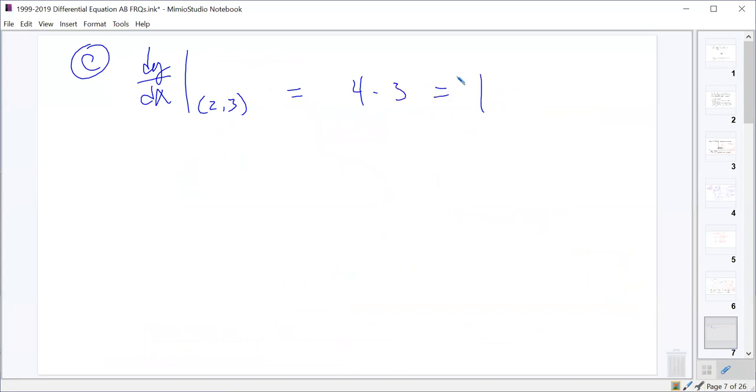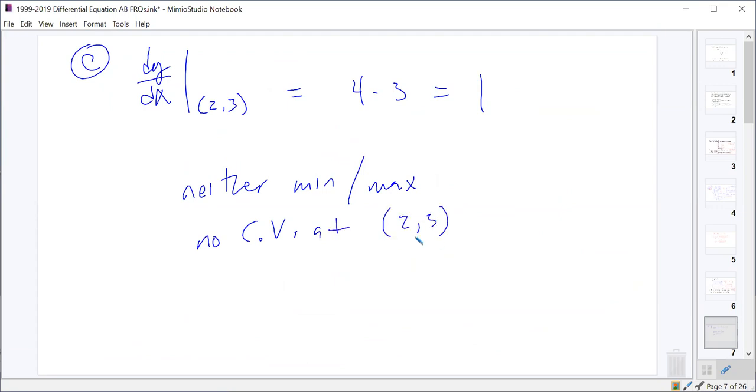And if the derivative is not 0 and not undefined, then it has neither a min nor a max. Right? No critical value at 2, 3. And surprisingly, that was actually worth 2 points. 1 point for finding this and 1 point for explanation. Any questions there?